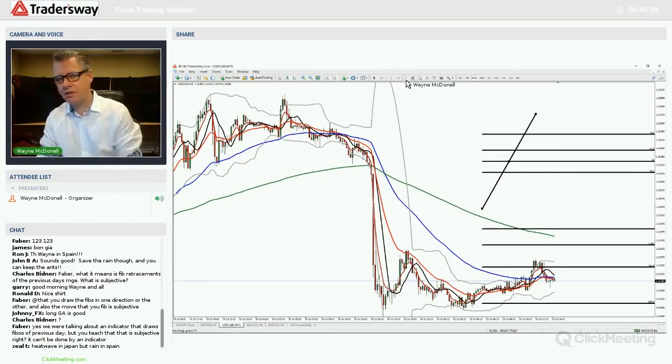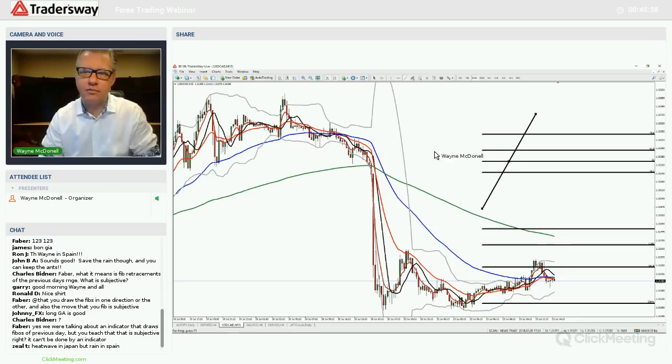So early on, like 1,000 years ago, when I was trying to figure out Fibonacci, I'm like, well, these are the extensions. Why would I want the extensions below if I'm pointing them up? So anyway, I'm weird this way. So I flipped them upside down.